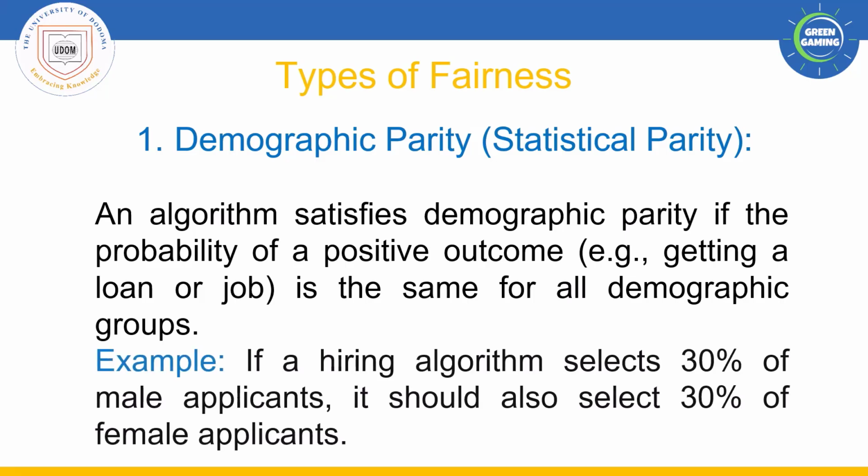For instance, if a hiring algorithm selects 30% of male applicants, it should also select 30% of female applicants. That is an example of demographic parity. Positive outcomes are equally distributed across demographic groups.